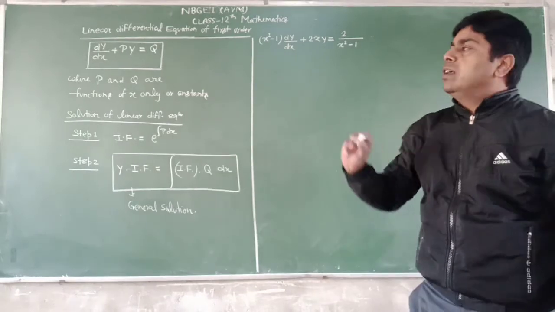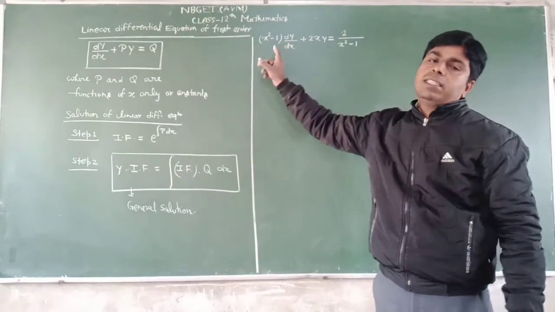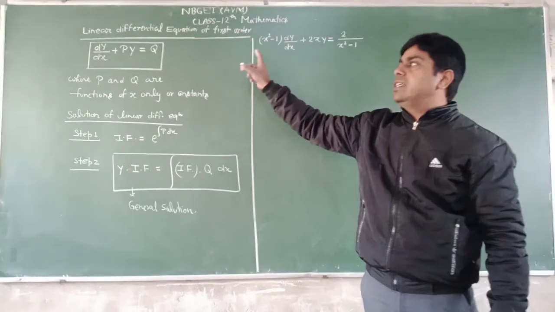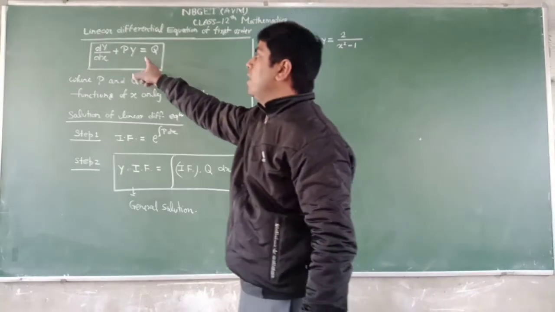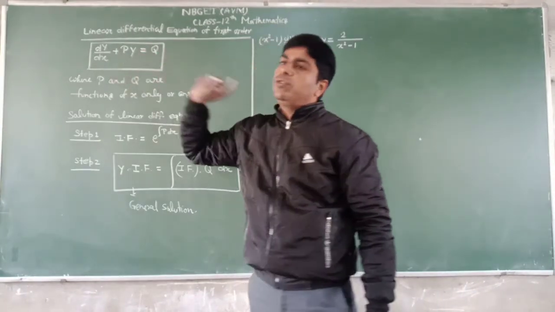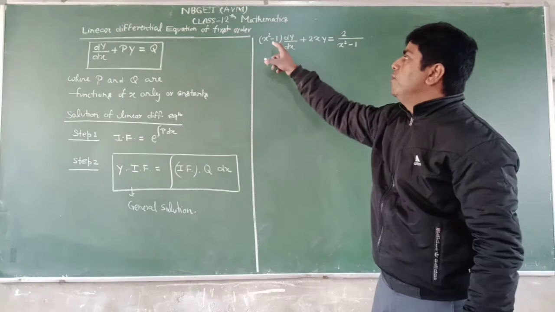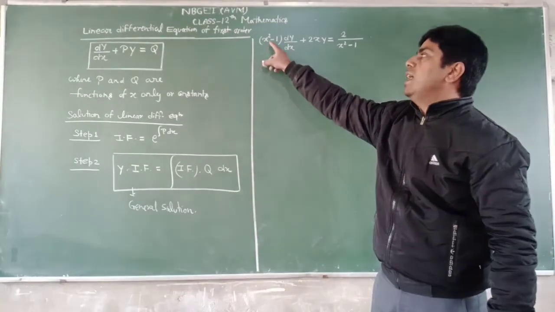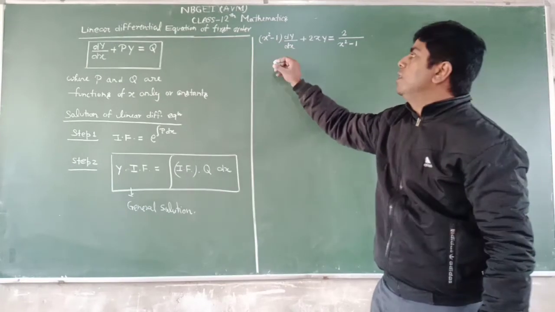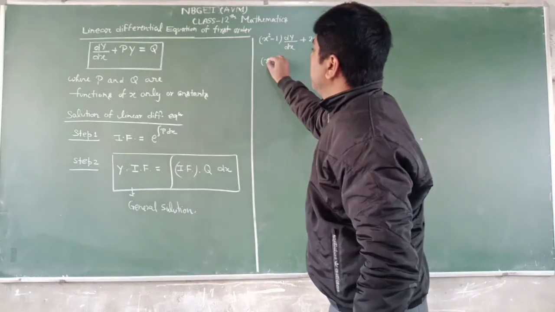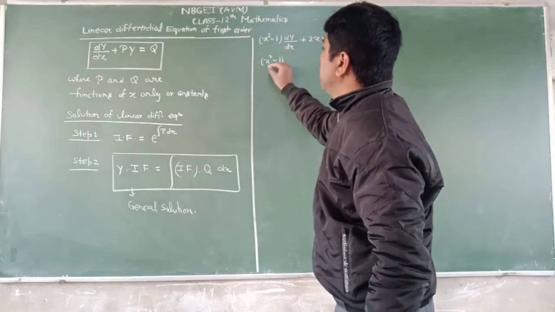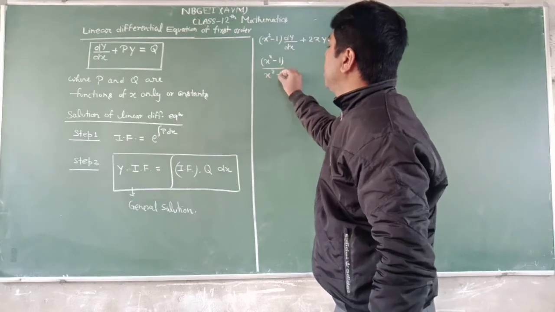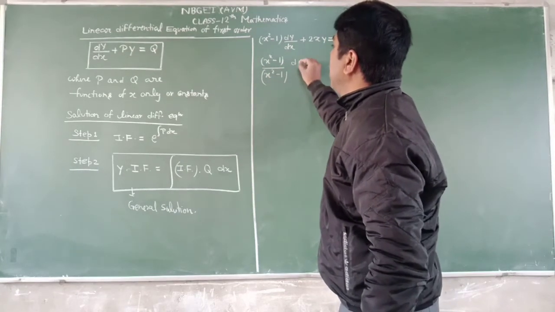So first of all, we have to reduce this differential equation to the standard form dy/dx + Py = Q. For that, we divide the given differential equation by x² − 1 on both sides.